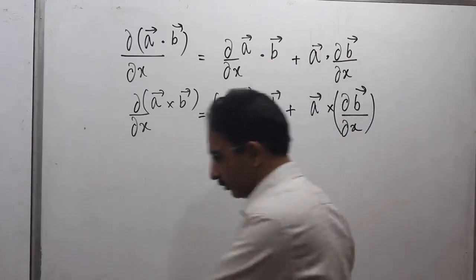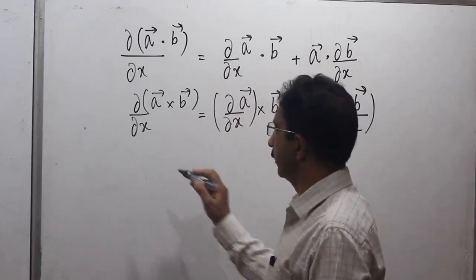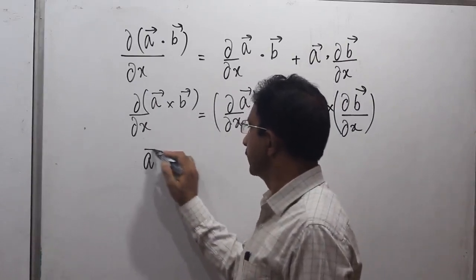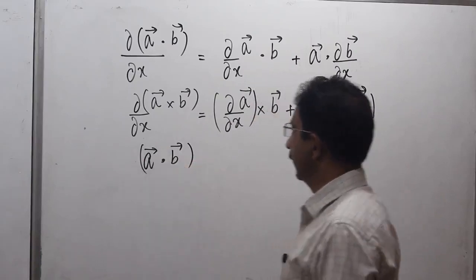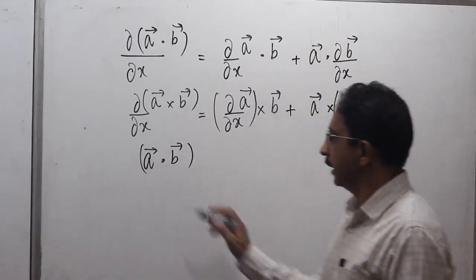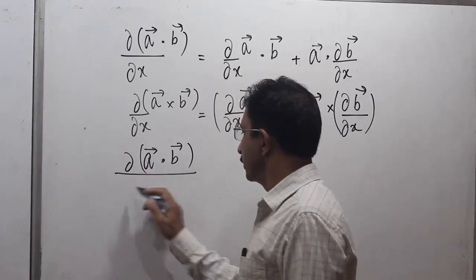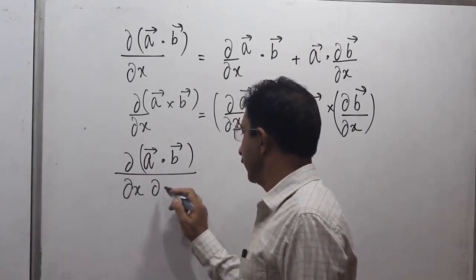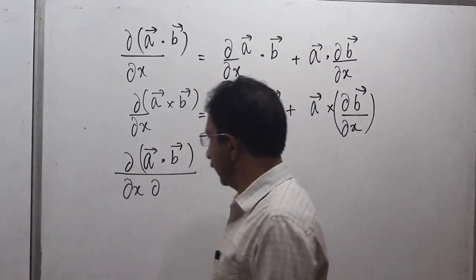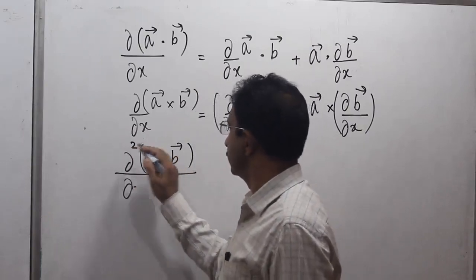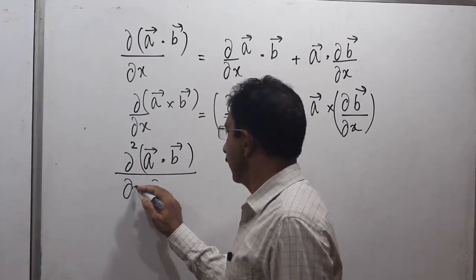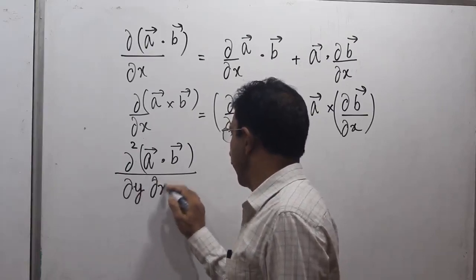If we have a double derivative, let's take an example of a double derivative. I can possibly have an example like this. I have A dot B as a dot product of two vectors and I am differentiating with respect to x and y. So say we have the second derivative now, the partial derivative of this. So this is the second derivative, here we have y and x.